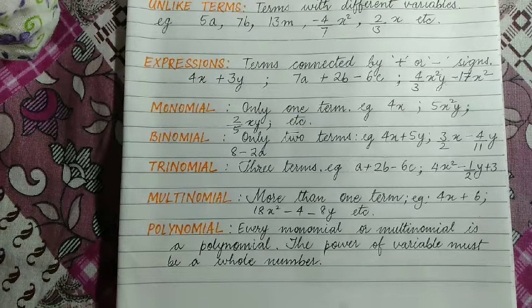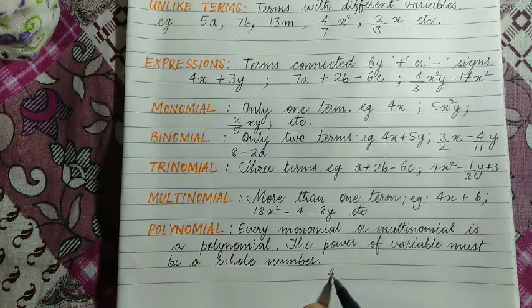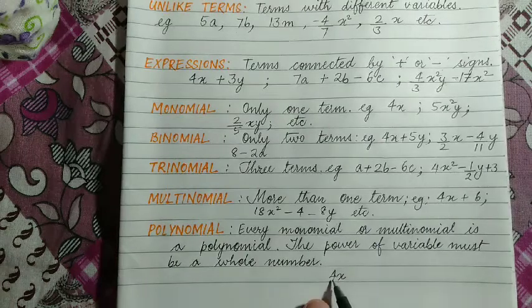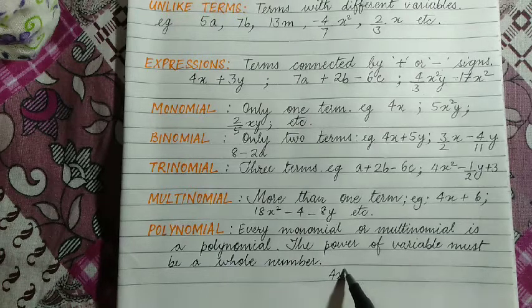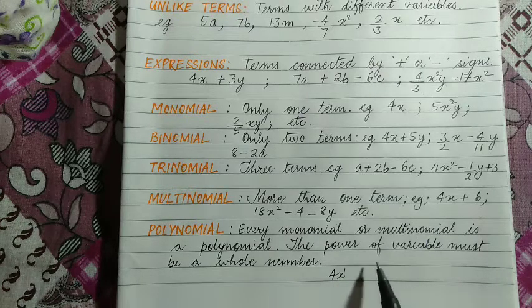Let's say you have 4x. 4x is a monomial, and the power of x is nothing written, which means the power is 1. And 1 is a whole number. So 4x, with the power of the variable being 1, is a polynomial.